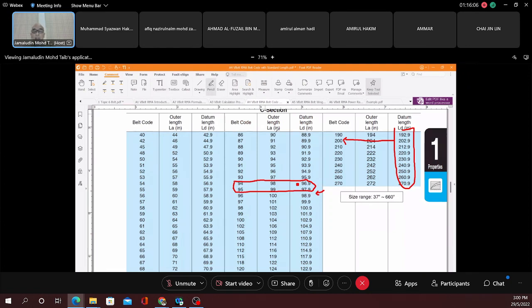Let me assume we choose the larger one. That means we can have a larger C, is it right? If we choose 97.9 here, that means we cannot have 18. We should have 18 and larger.